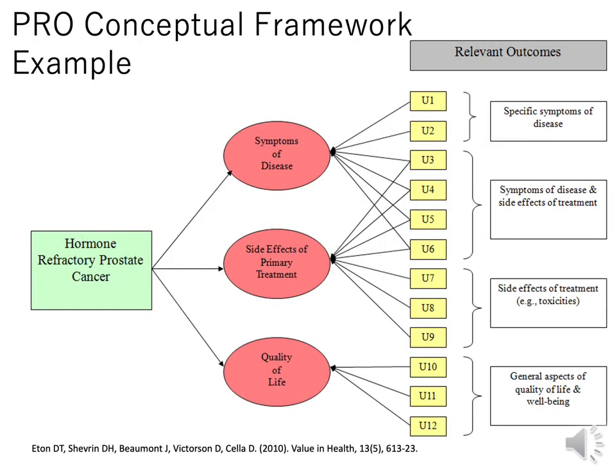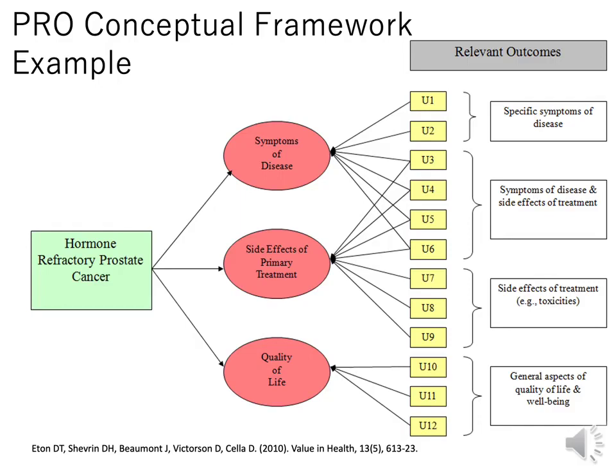This is an example of a PRO conceptual framework that our group created in hormone refractory prostate cancer. Essentially what it shows you is the overall concept on the left-hand side, which is broken down into the three primary domains that we're interested in measuring. And then that is connected, if you look at the set of yellow boxes, those are items from the survey tool itself.